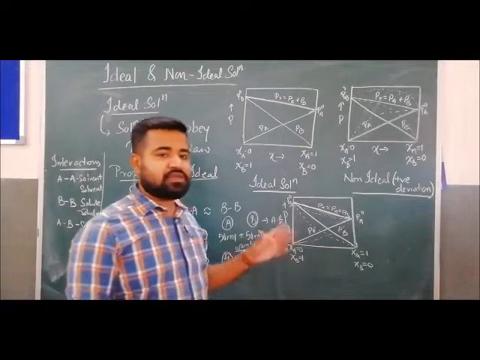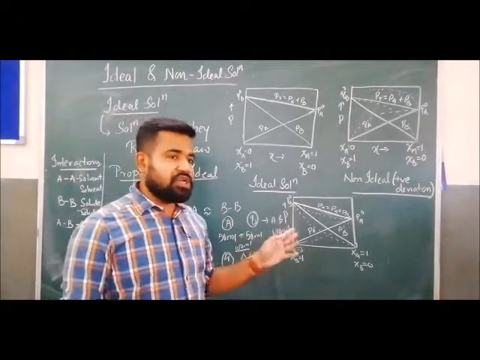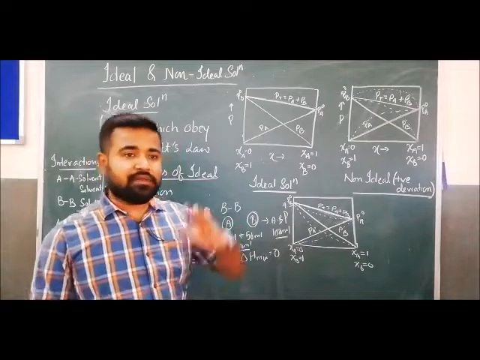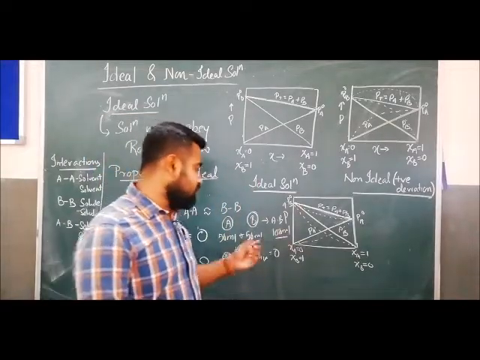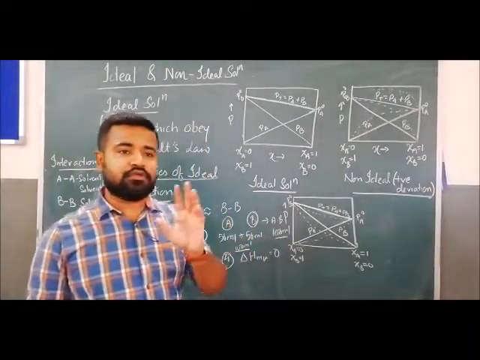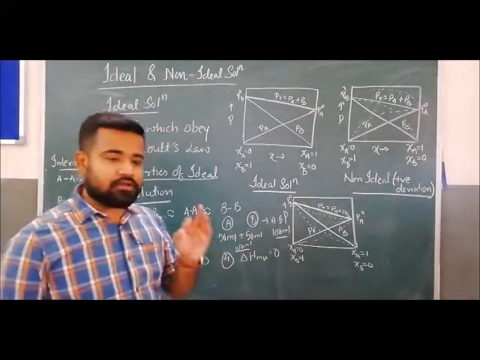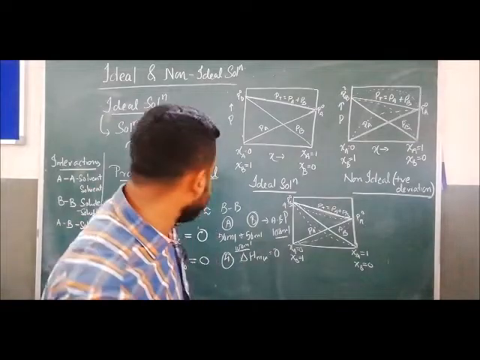The delta H mix remains 0, meaning the change in enthalpy remains 0. There is no change in the enthalpy before and after the mixing of the two components. Clear? So delta H mix will also remain 0. Clear? Next.